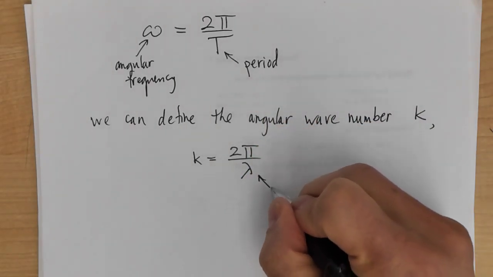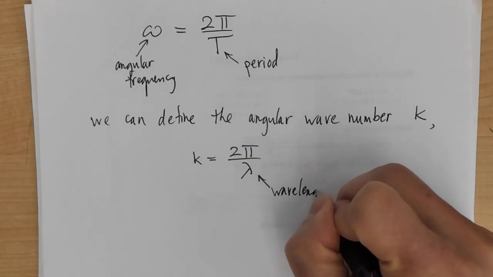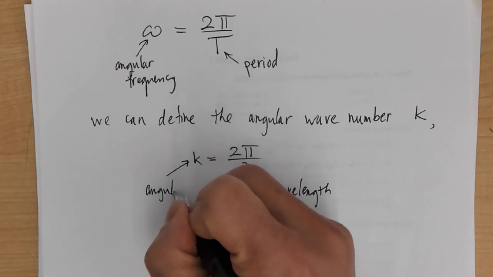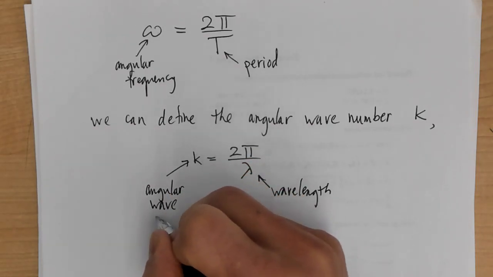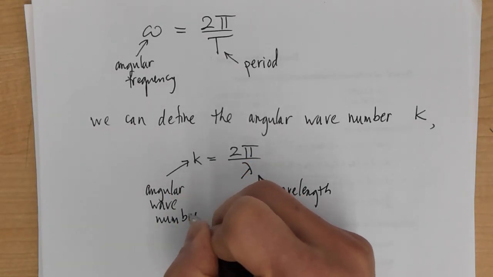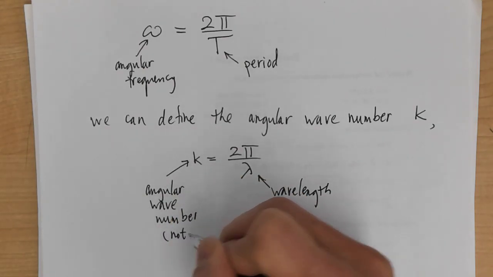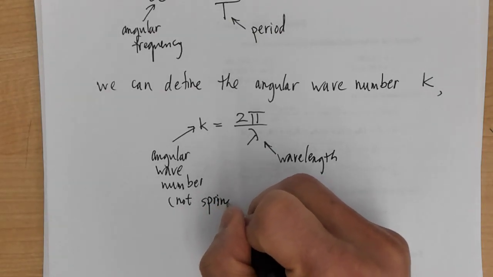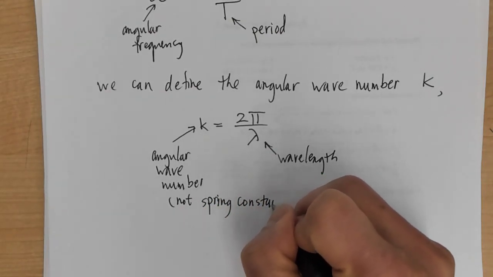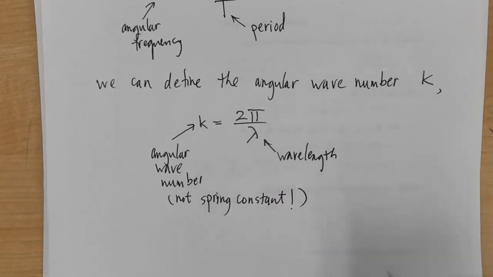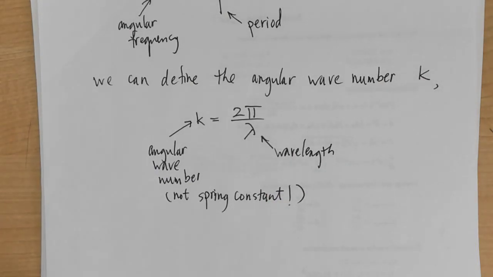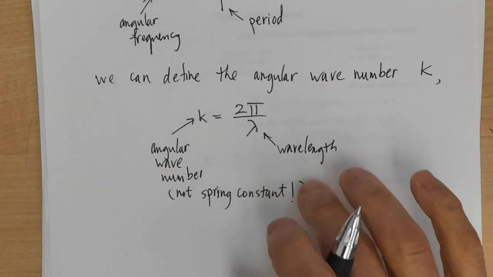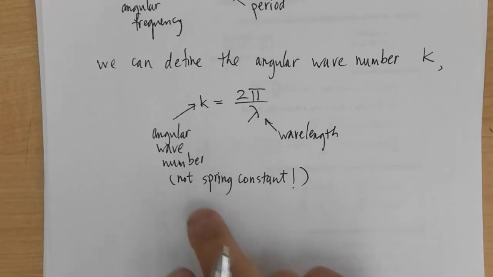So lambda is the wavelength, and this small k is the angular wave number. Don't confuse this with spring constant. If you're wondering how you can keep track whether it's spring constant or wave number, the simple rule is if there's no spring in the problem, it's not the spring constant.